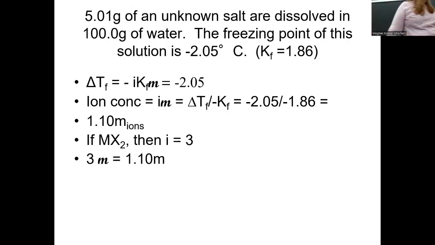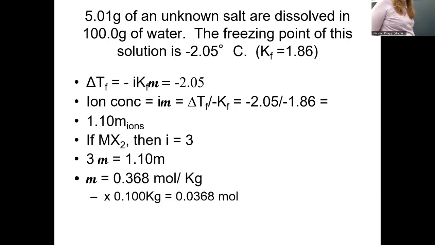And so we would say that 3m is equal to 1.10. And if that were the case, then you would just divide both sides by 3. And you would end up with this concentration.